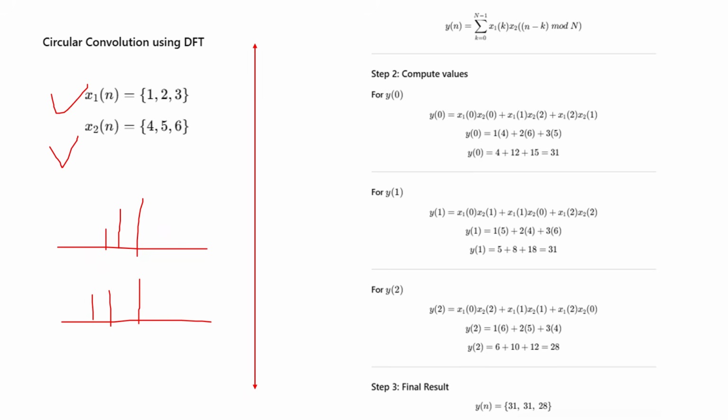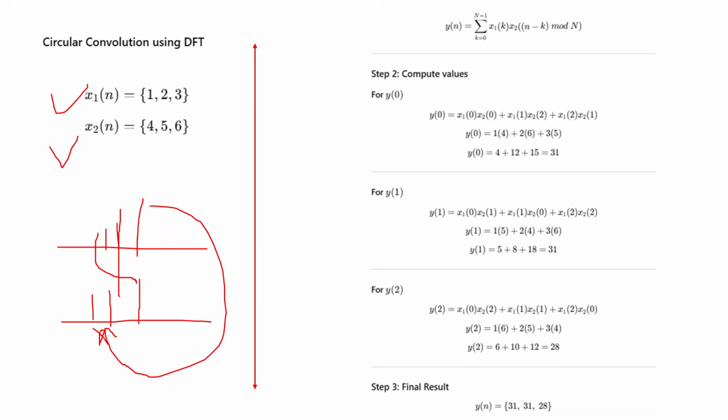So first we will find y0, y1, y2, right? So how will we do it? We take x1(k) and x2(minus k), right? This will multiply with this, and again this will multiply with this, and the third will multiply with the first one.